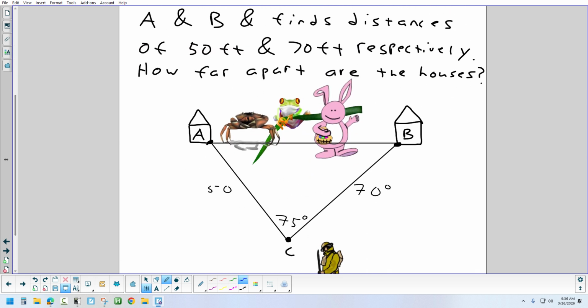So let's call this distance X. We've got a triangle, and we're trying to find one side of it. What kind of triangle is that? Side angle side. Is that law of sines or law of cosines? It's cosines, what we learned today.